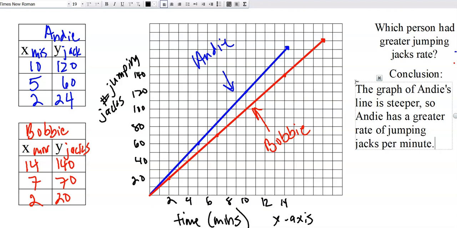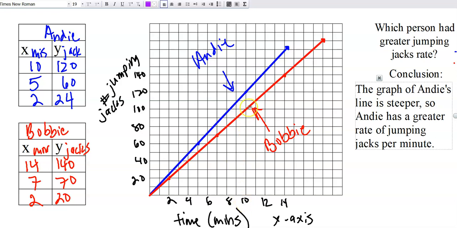Okay, so this is one of those cool things. I don't even have to do anything else when I look at the graph, as long as I know that the number of jumping jacks is on the y-axis. Whoever is steeper is doing more jumping jacks per minute. And I can basically show you what it looks like if I look at 10. We do have 10 minutes for Andy.